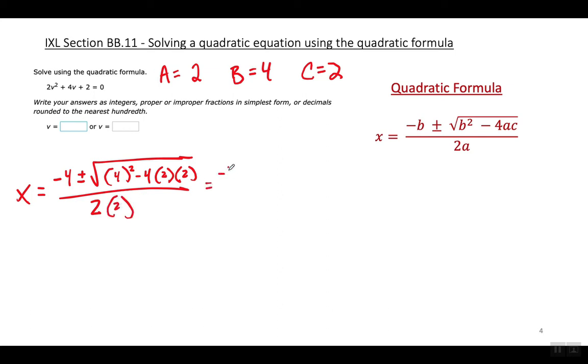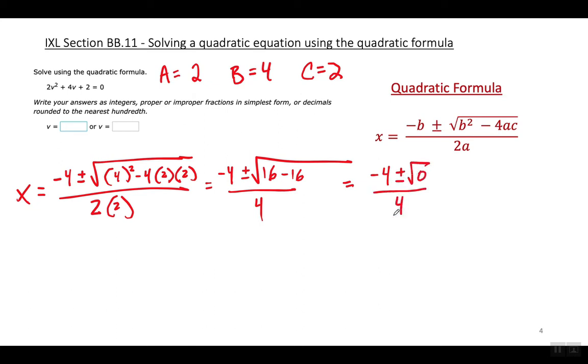All right, now when we start simplifying that, we're going to have -4 plus or minus the square root of 4 squared is 16. And now if we multiply these three numbers, -4 times 2 is -8. -8 times 2 is -16. And on the bottom, we're going to have 4. Okay, so now this is going to be -4 plus or minus the square root of 0 over 4.